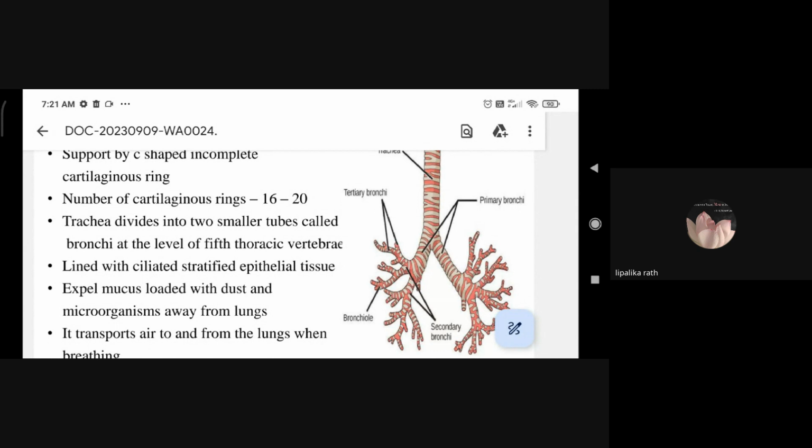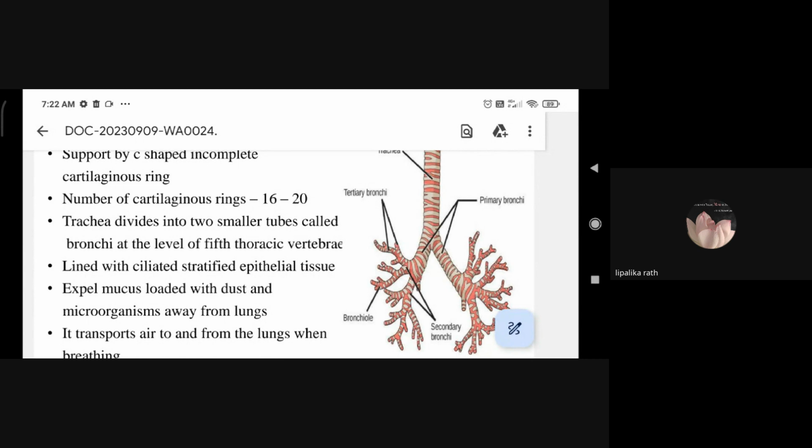Or when we are eating something heavy, the bolus going through the esophagus may collapse the windpipe or trachea.